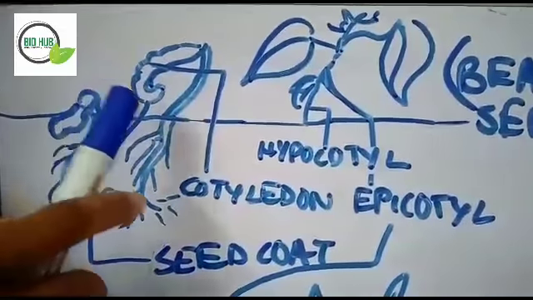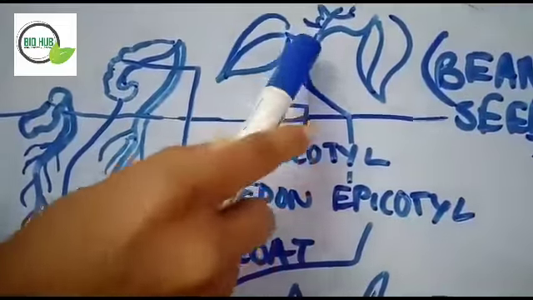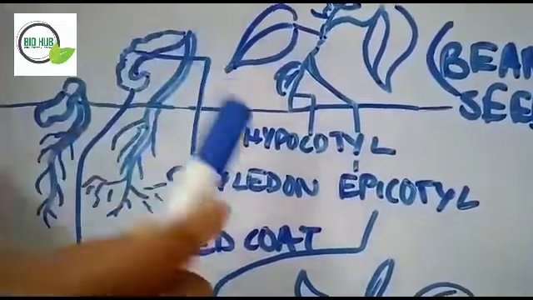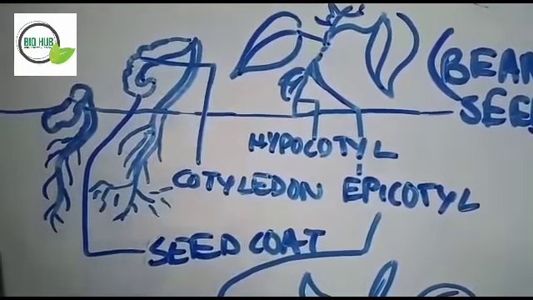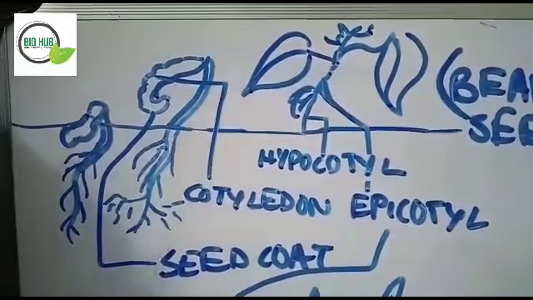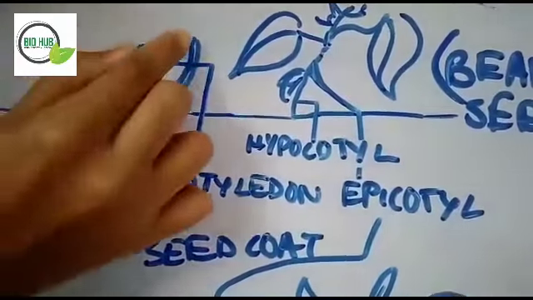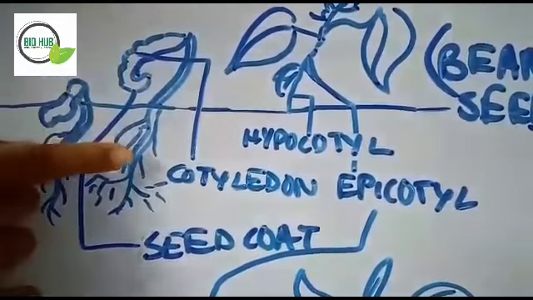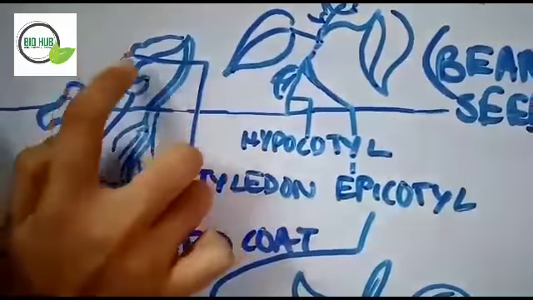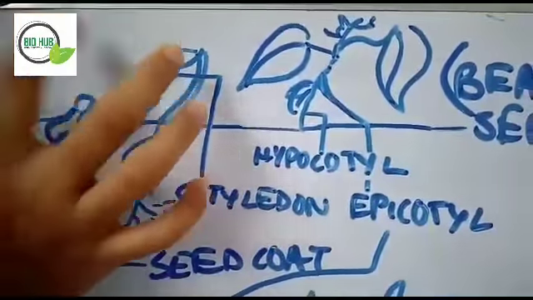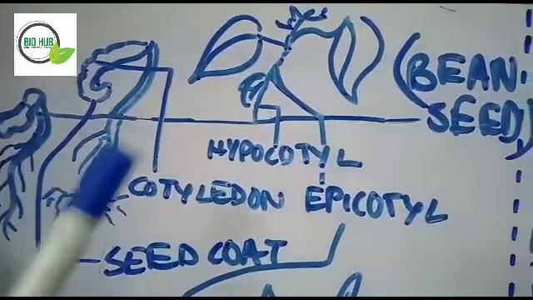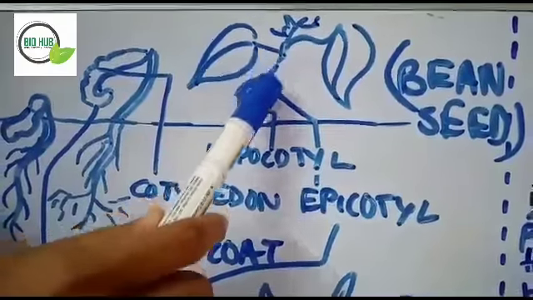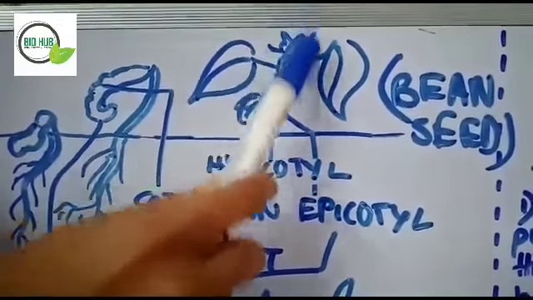Then the hypocotyl elongates and forces the cotyledon to come out. It pushes out the cotyledon. See, this part is the cotyledon which has come out of the soil, and this cotyledon will form the first new leaves, and after that it will provide food to the next leaves.